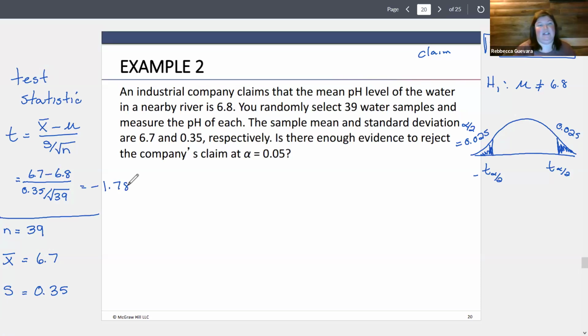That's my test statistic. So I just need to know where that test statistic is going to sit. Is it going to be here where I don't reject, or is it going to be in one of my tails?